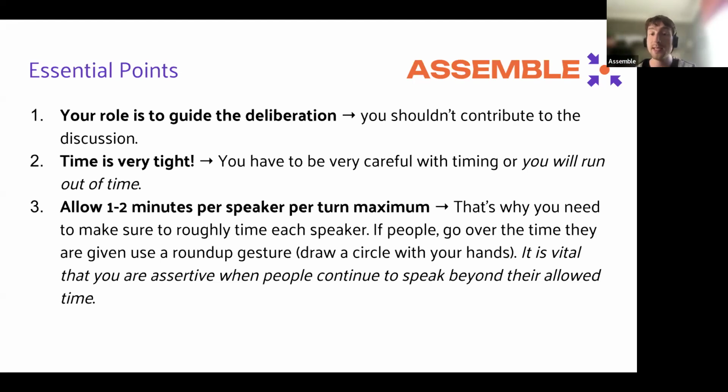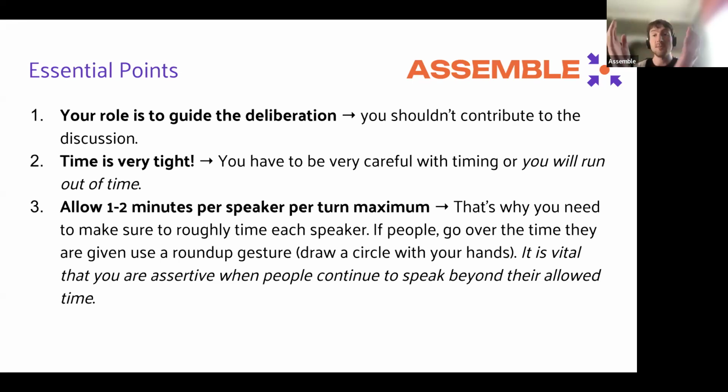So there's a couple of different ways that you can stop someone from speaking too much. If someone's going over the amount of time that they're given, then you can draw a circle like that in front of them, just like that. And in the script, it explains to them beforehand what this means, so they're not confused when you're waving your hand about in front of them.